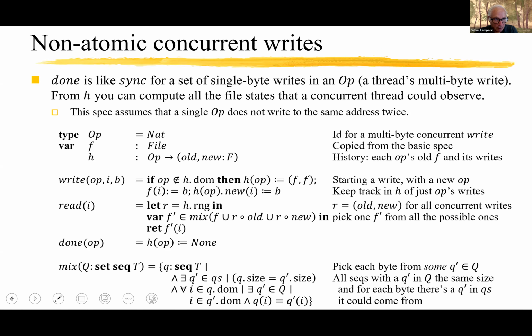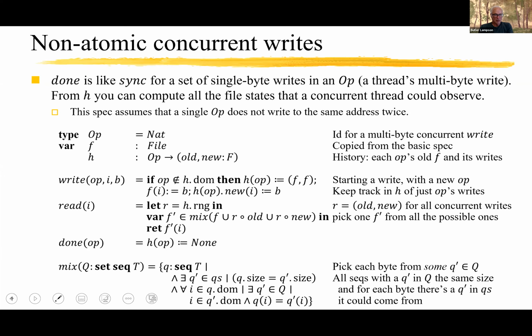And then it's going to change F sub I to BB as we always had. And then it's going to change the new field of the op at byte I to be B also. So what that says is that for each file, we're keeping track of all the different things that this thread has done to it.